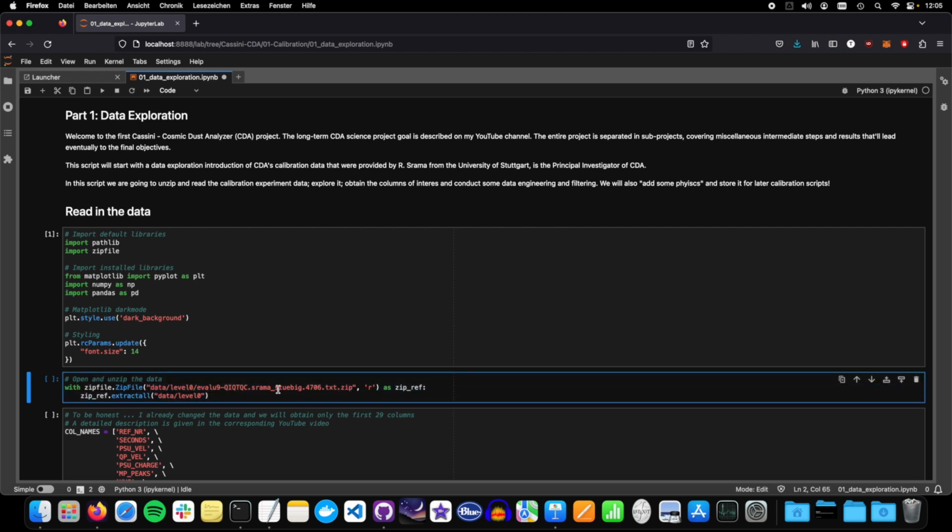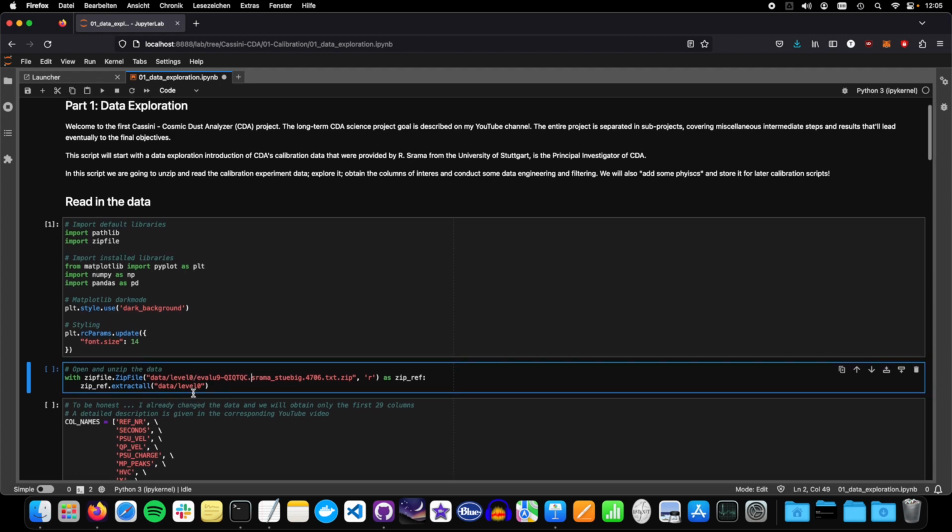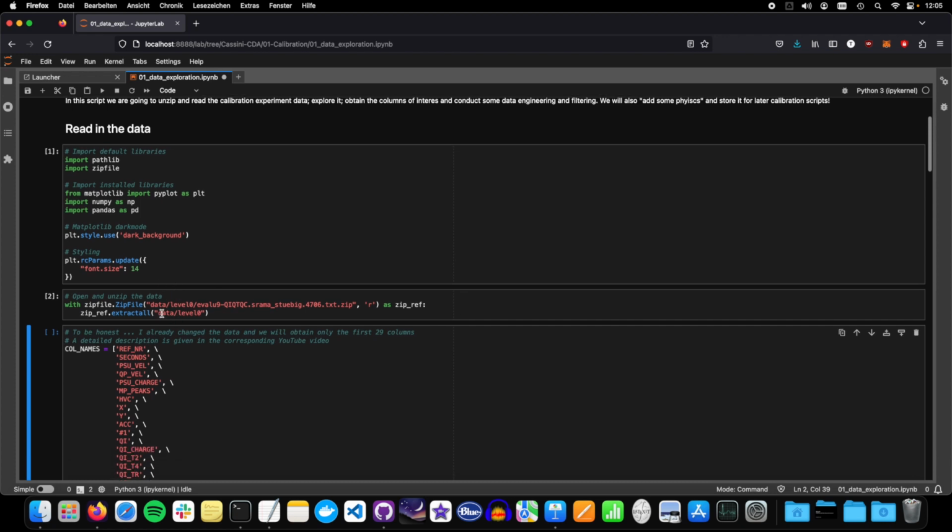And the data is also uploaded on GitHub, so you do not have to be afraid that you have to download it somewhere. Everything is now available on GitHub, so just get the most recent pull, and also do not forget to bookmark the repository so you will not miss any updates. So let's unzip the file, and everything is now extracted in the data directory level 0.